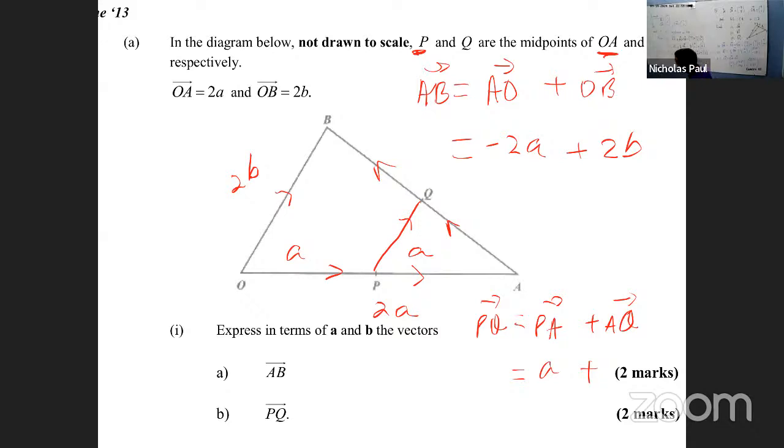A to Q is? Q is the midpoint of AP. So who could tell me what AQ is? Half of AB, and we worked out AB here. So it's half of AB.